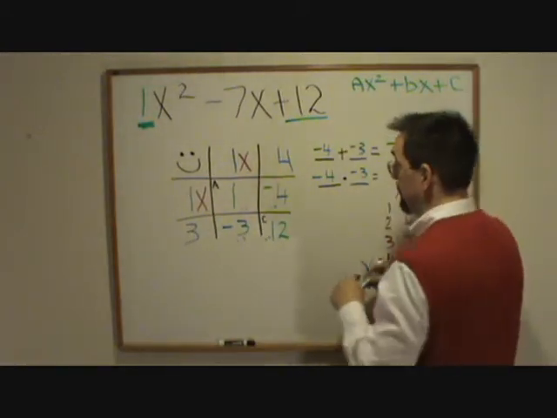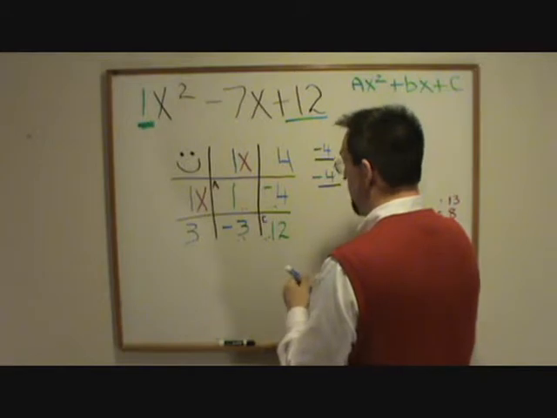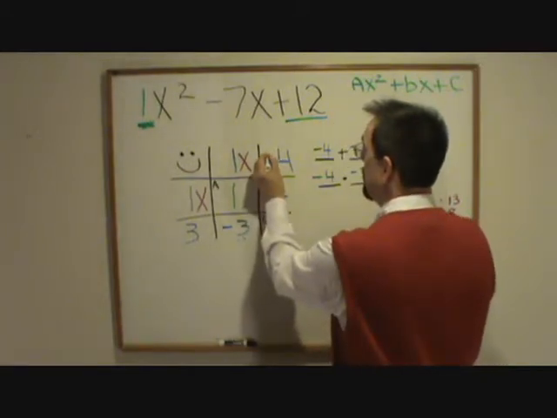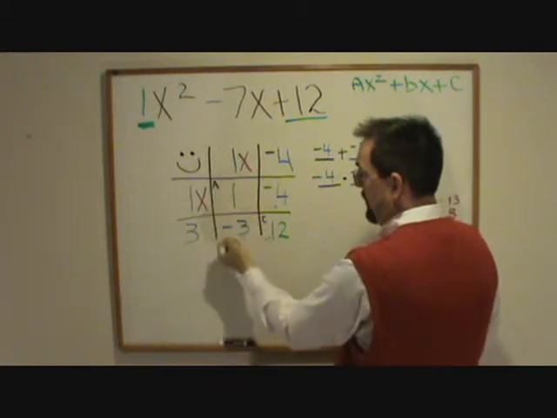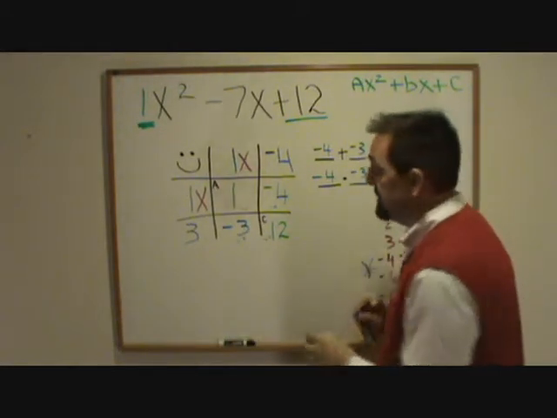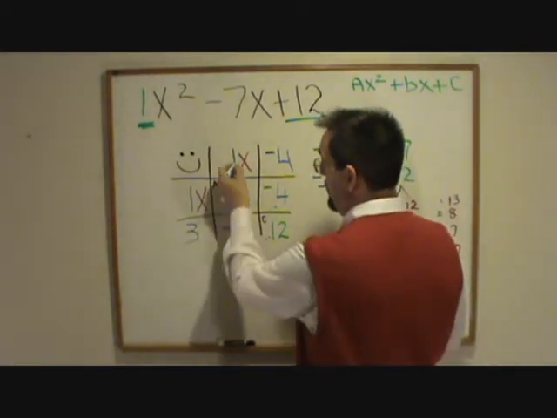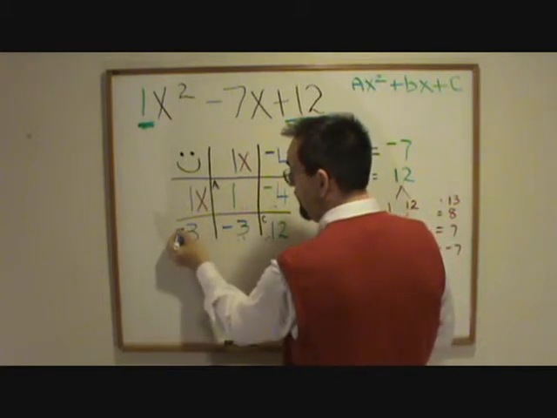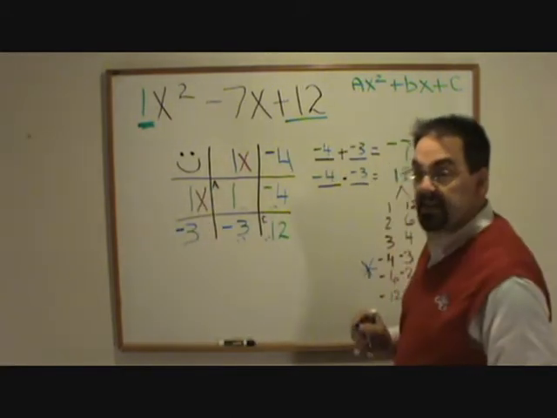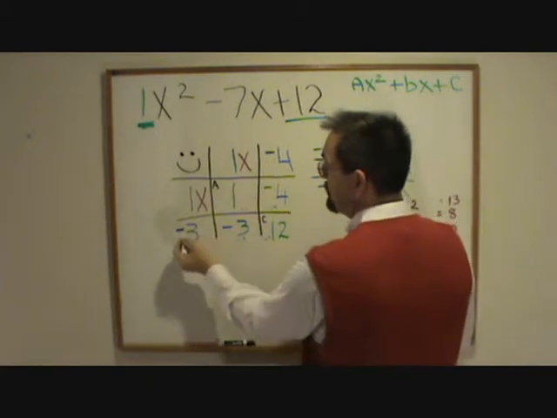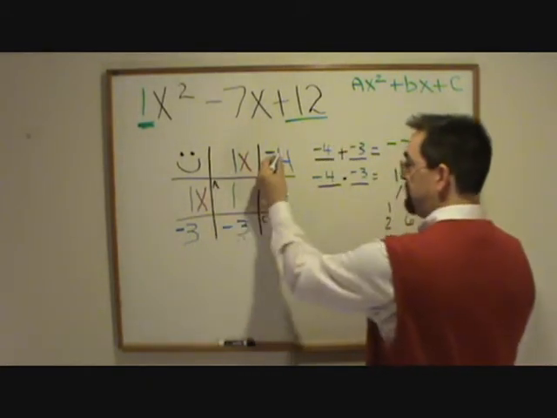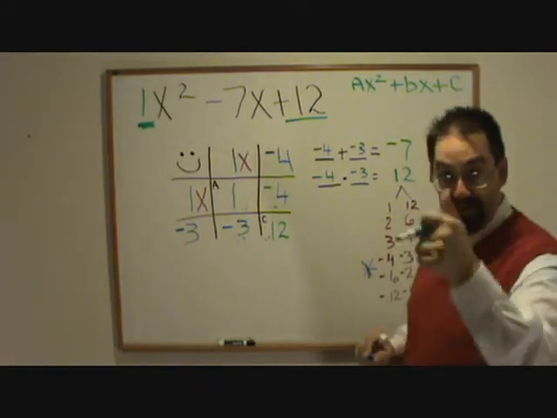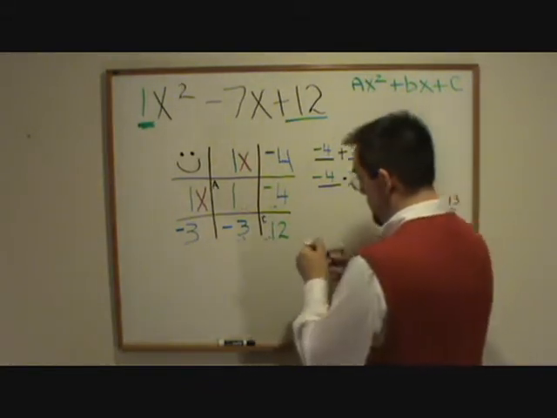I need a minus here, so we're going to put a minus sign right here. 3 times 1 is, oh man, I need a minus there. Let's put the minus in front of the 3. I like my x's to be positive. Now let's cross-check. Minus 3 times 1 is minus 3. Minus 3 times minus 4 is a positive 12, so we did it.